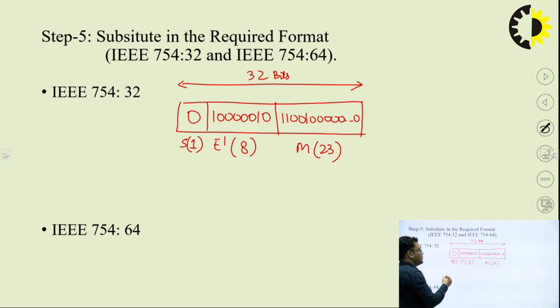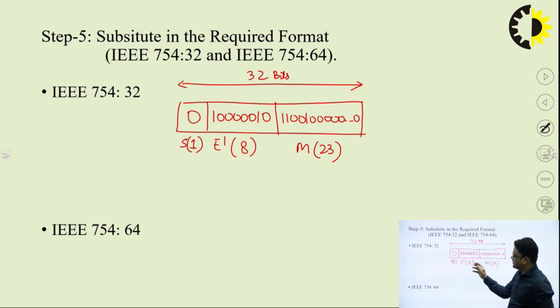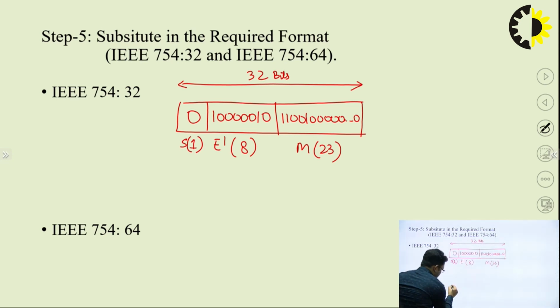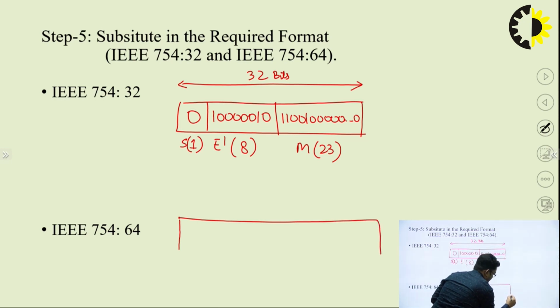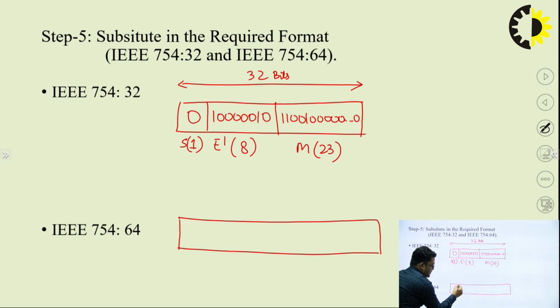So in the 32-bit format, we have a sign bit, our biased exponent, and our mantissa part. Similarly, we can represent the format for 64 bit. Again, for the sign bit we have 1 bit, the number is positive, so we place 0.